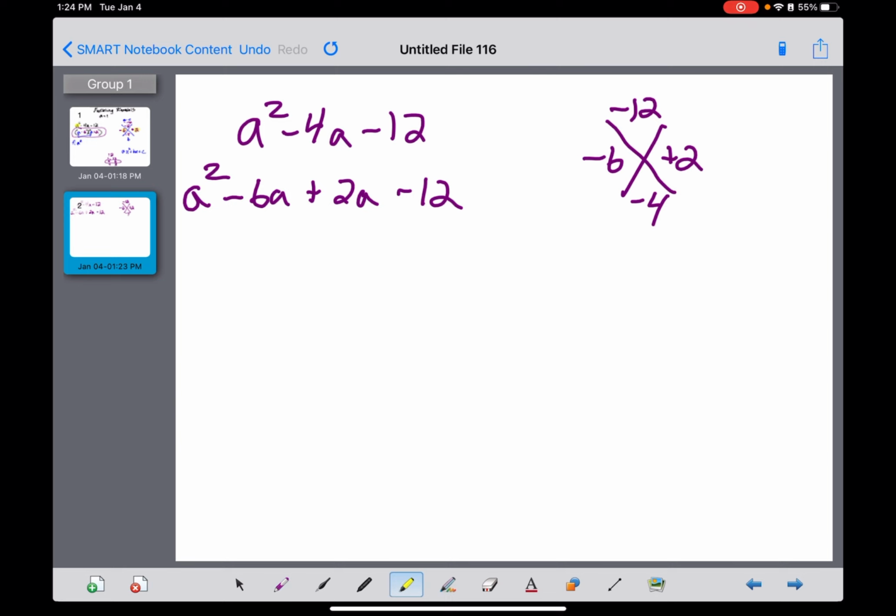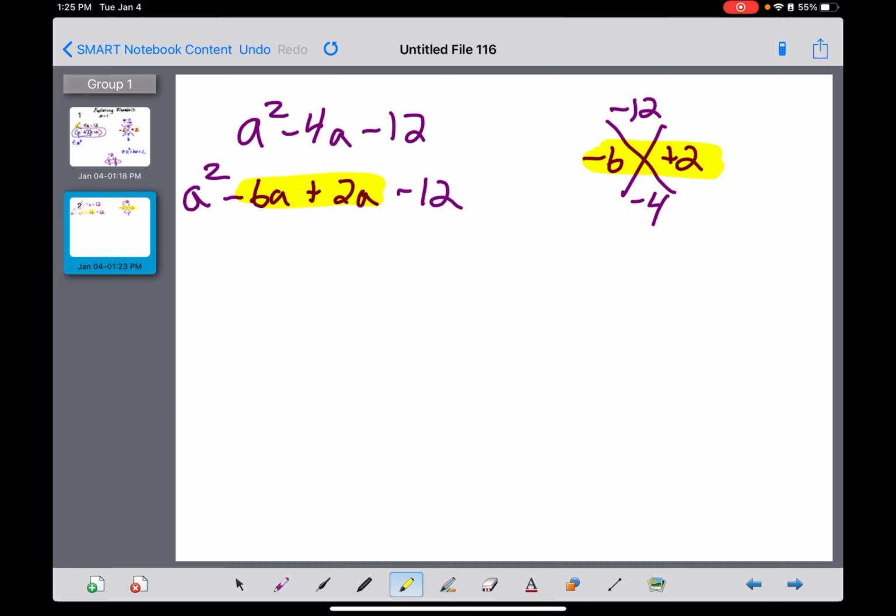What I've essentially done is I've taken those two middle terms and split them in the middle here. Negative 6a plus 2a is still negative 4a. I haven't changed its value.